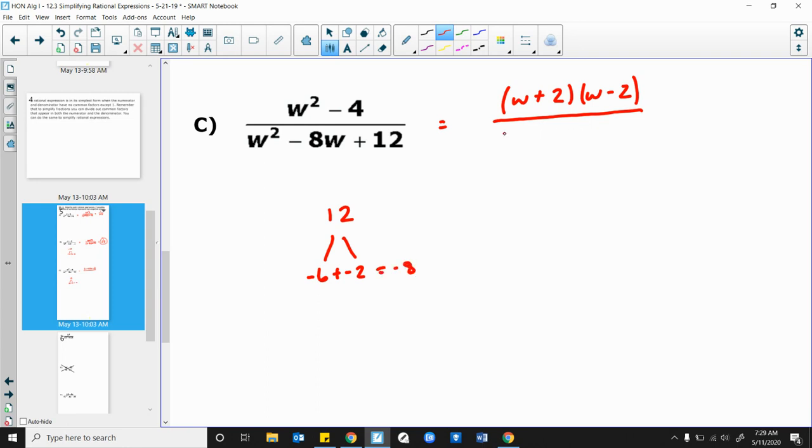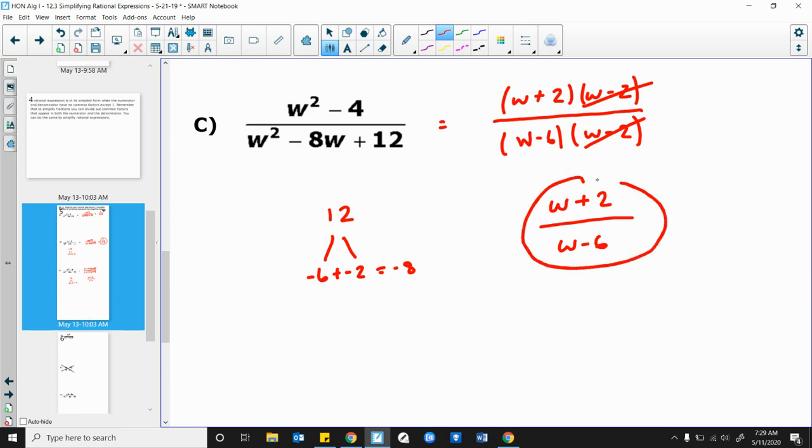Good. So I'm going to have w minus 6 and w minus 2. Again, these w minus 2's will cancel, and I'm left with my correct answer, which is w plus 2 over w minus 6. All right. Moving on.